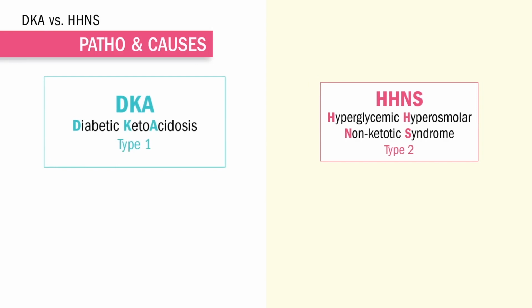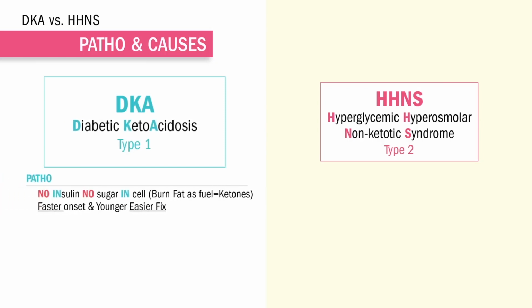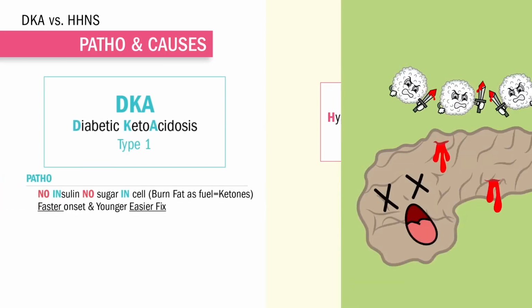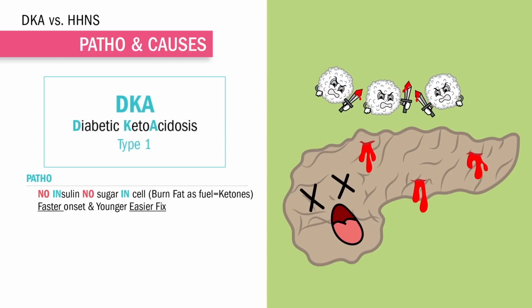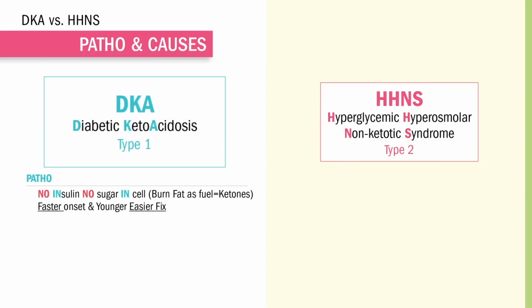Now, what is DKA? Well, guys, let the name help you. Diabetic ketoacidosis. There is no insulin produced since it's type 1, guys. We have none. The body killed its own pancreas, and as usual, no insulin means no sugar in the cell. Therefore, the body must burn fat for fuel, resulting in fat waste, and ketone bodies are produced.